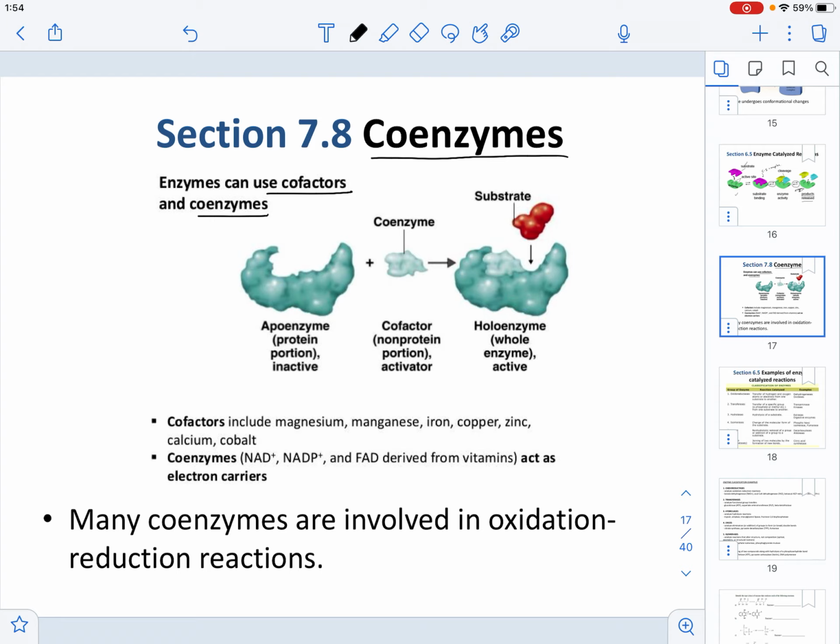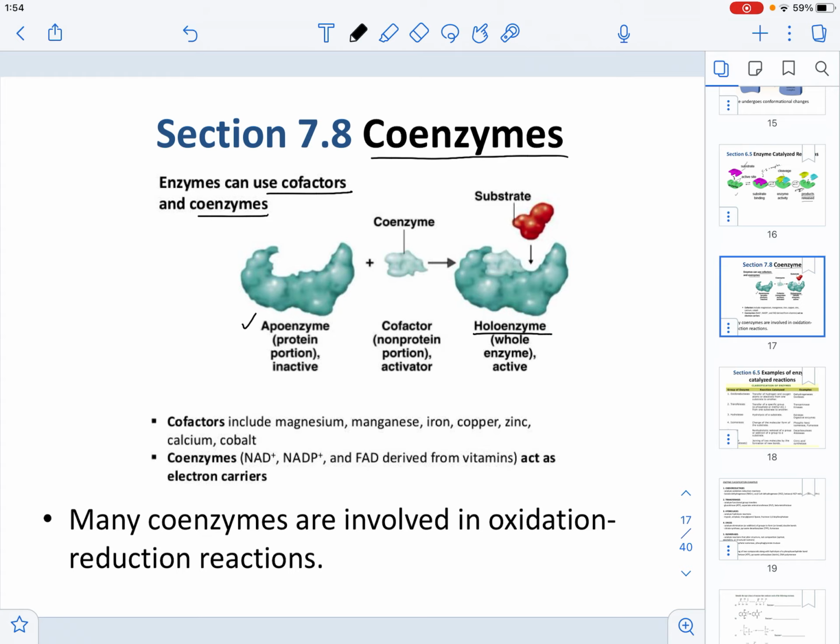If you have an enzyme that requires a cofactor or coenzyme, when the enzyme is by itself, the protein portion that is inactive because it doesn't have the cofactor or coenzyme is called an apoenzyme. Once that apoenzyme combines with the coenzyme or the cofactor, then that is known as a holoenzyme. And now your enzyme is activated to interact with the substrate in order to convert it to product.